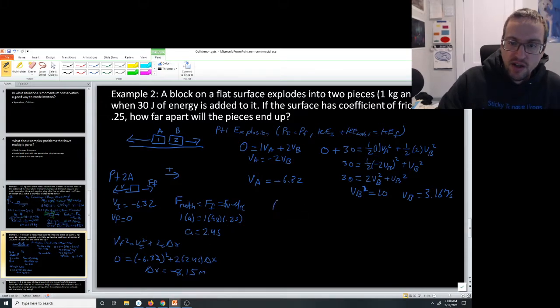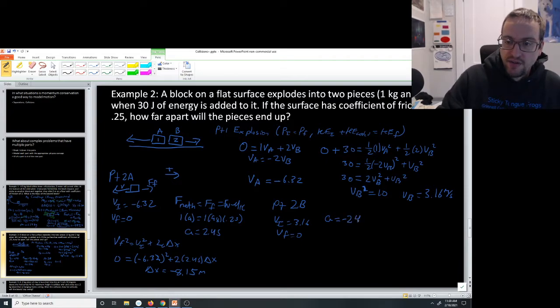So then for part 2B, same basic idea. V initial is 3.16. V final is 0. A is going to be, and we can actually do this because the masses cancel out, the same thing, only negative, because it's going the other way. Negative 2.45, which means that change in x, with the same equation, is going to be 2.04 meters.